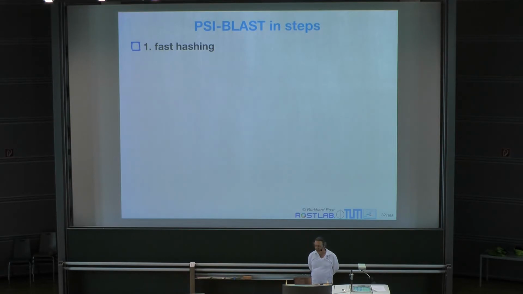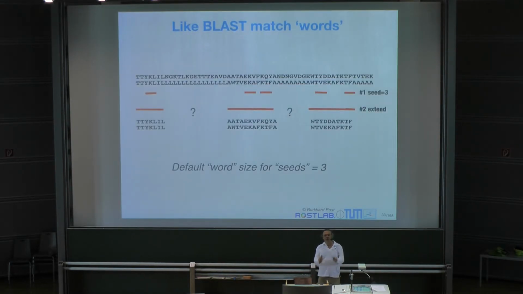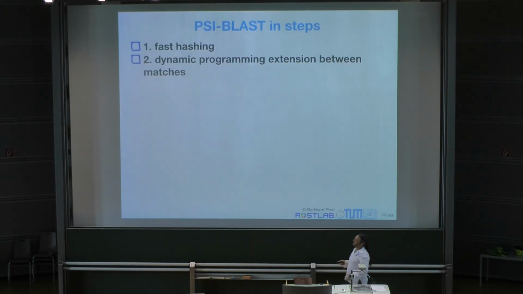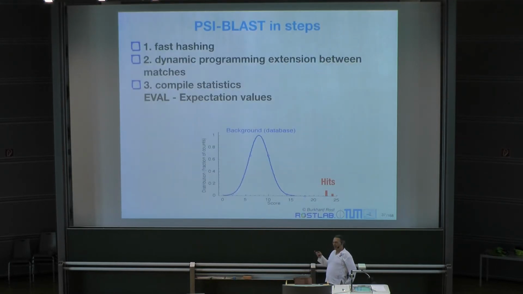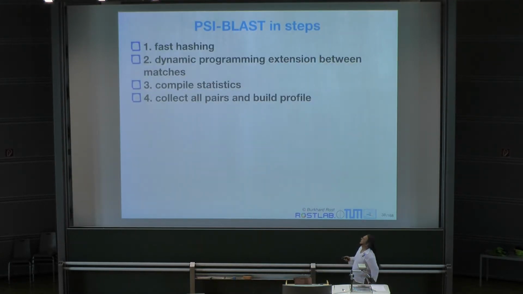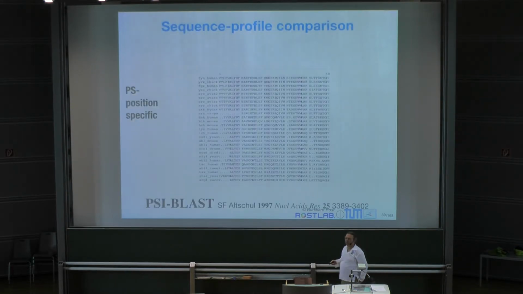For BLAST, you have fast hashing. So first, you find short, identical matches. No profile involved at this point. Just look for letters. Simple hashes. You expand as before, like with dynamic programming, in both directions. You apply statistics, but now you collect all the pairs and build up the profile.